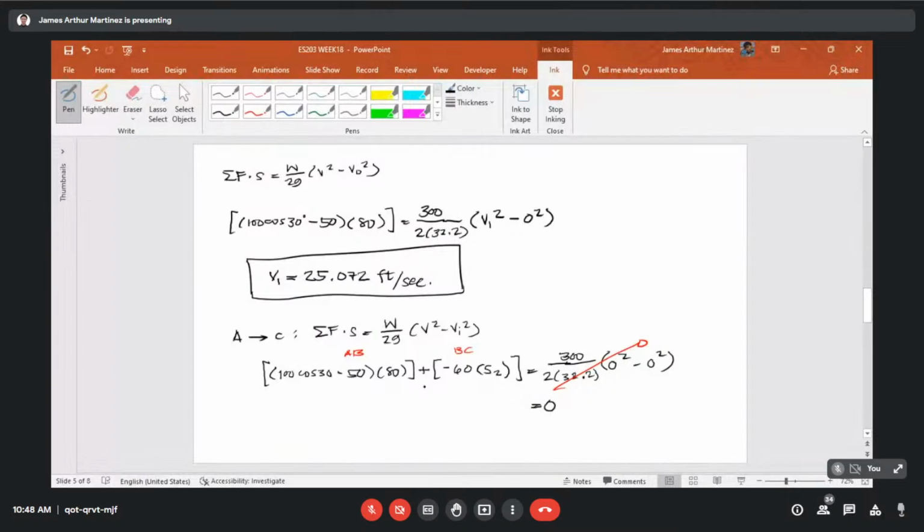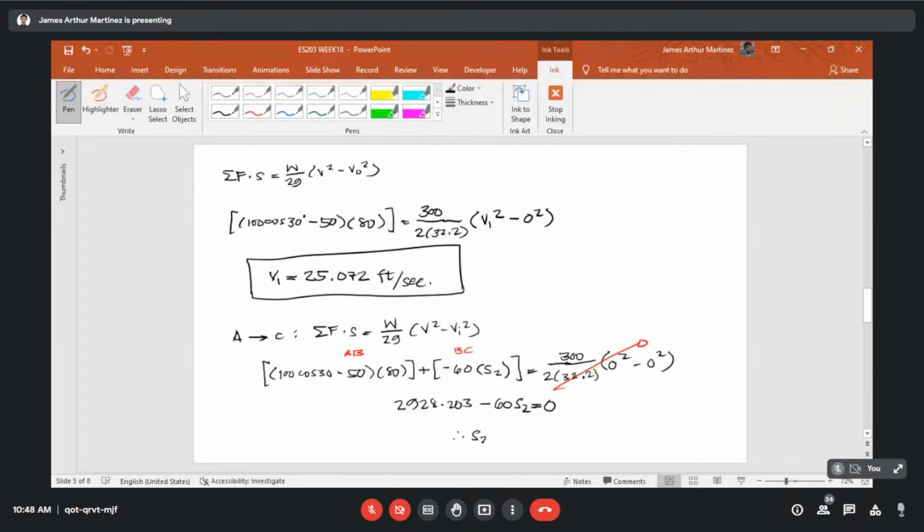If we look at our equation, there is only one unknown variable, so we can compute it directly. So, 100 cosine 30 minus 50 multiplied by 80 will be 2,928.203 minus 60 S2.